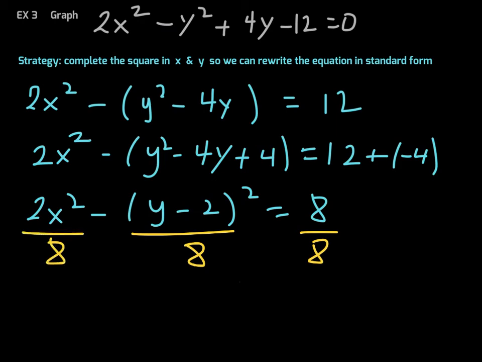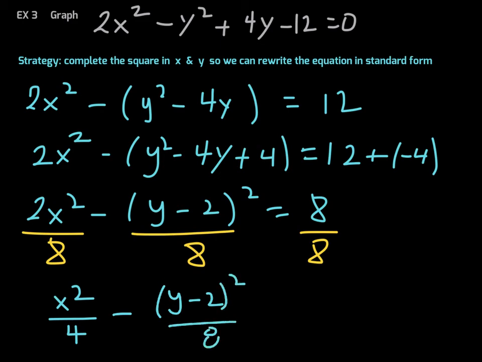So then you get x squared over 4 here, because 2 divides into 8 4 times, right? Minus, and then you got y minus 2 quantity squared over 8 is equal to 1. Now this is the standard form for the hyperbola that we are to graph. Okay, let me just box this for us and then maybe move up the screen.